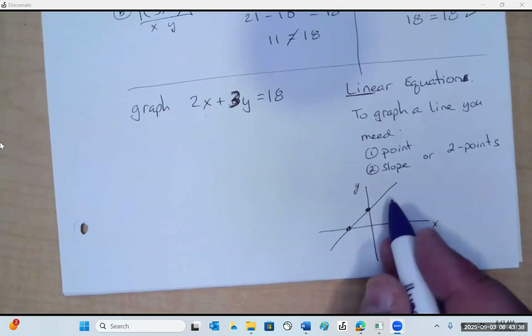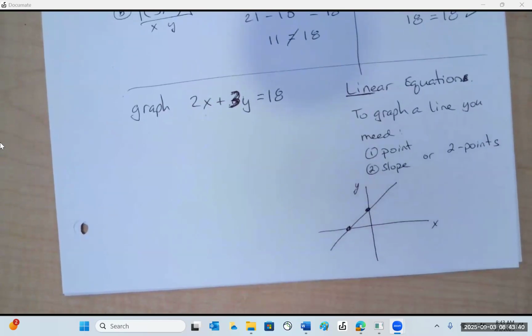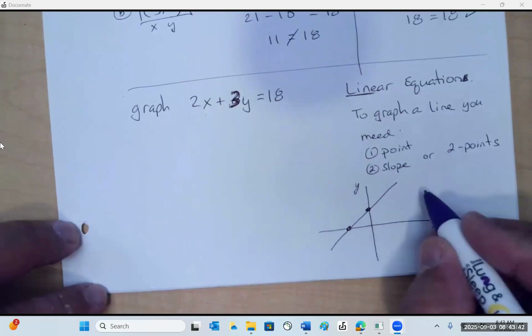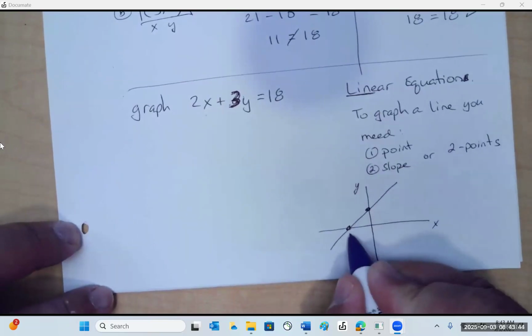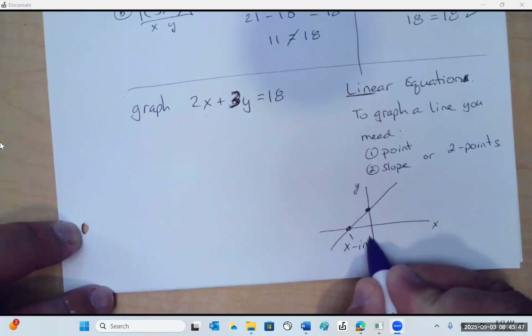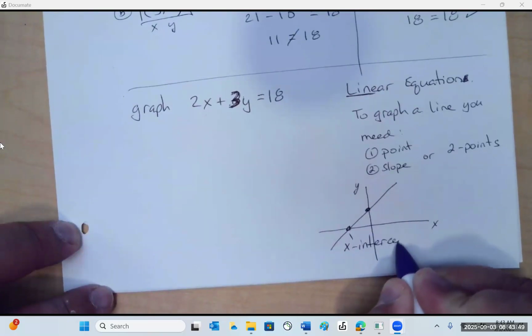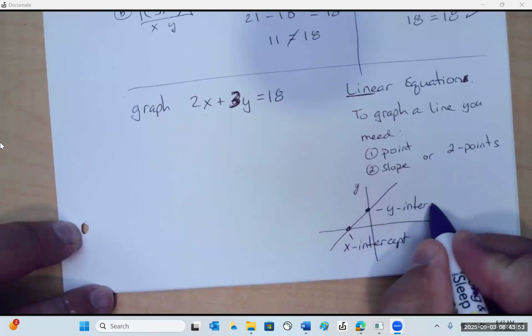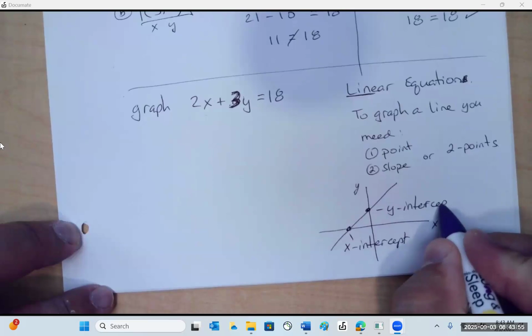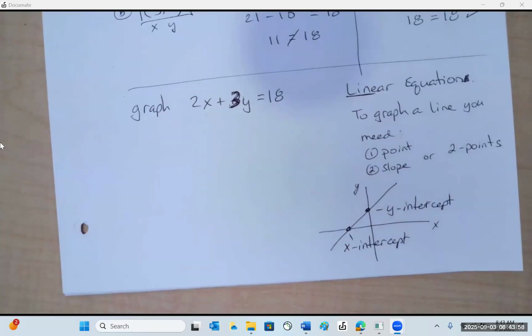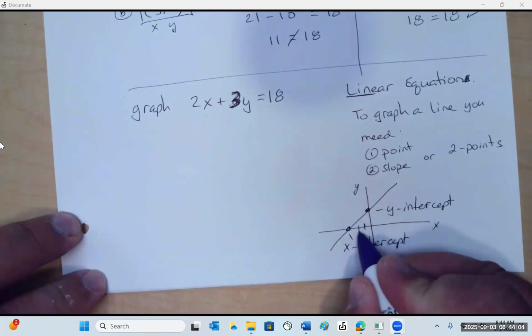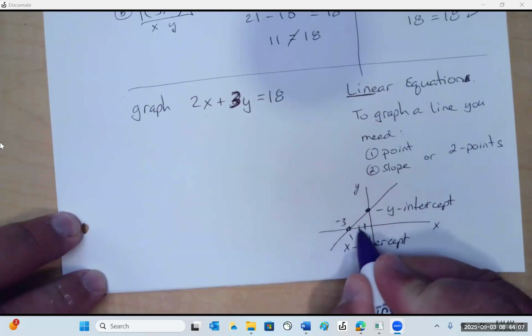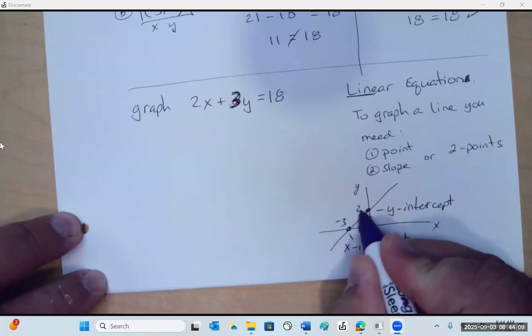Where the graph crosses the x and y axis, this is called the x-intercept, and this one's called the y-intercept. So let's say this is at -3 down here, and that's at 2 up there.